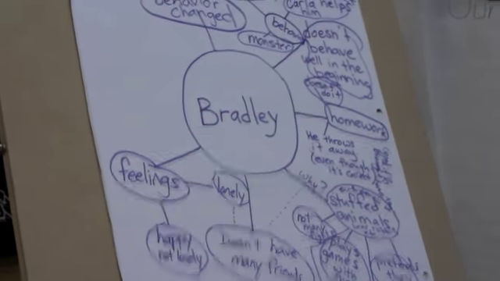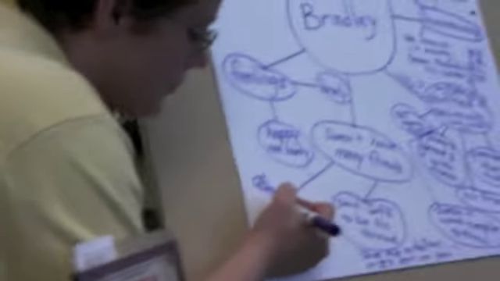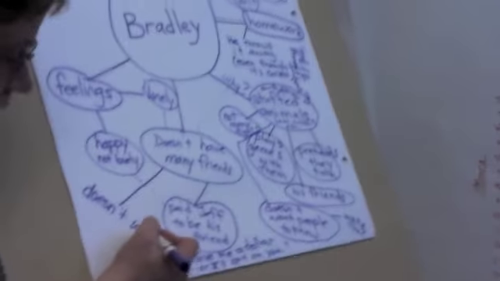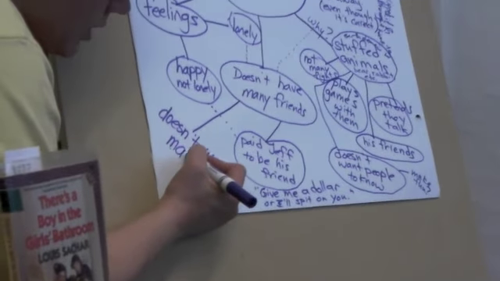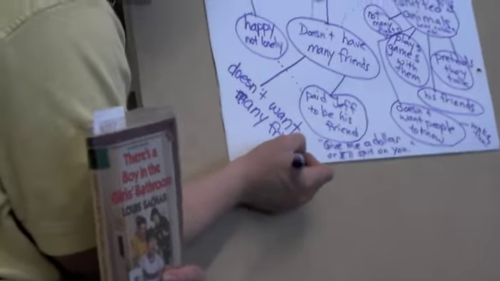I think Bradley doesn't want any friends. Okay, he doesn't have many friends, and you're guessing that maybe he doesn't want many friends. And why would you say that? Because he's mean to people. That's an inference too. He just doesn't want any. So he doesn't want any friends, maybe because he's mean to people.